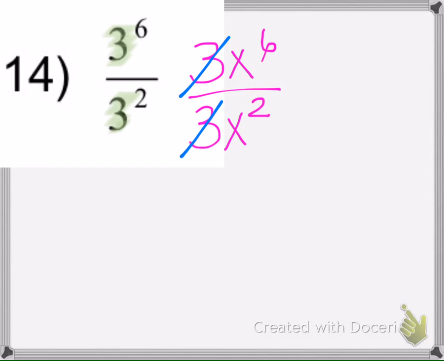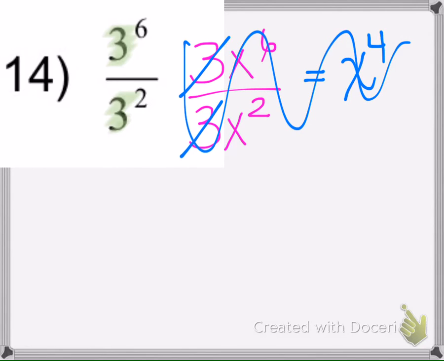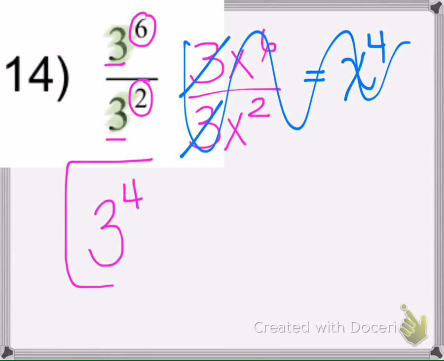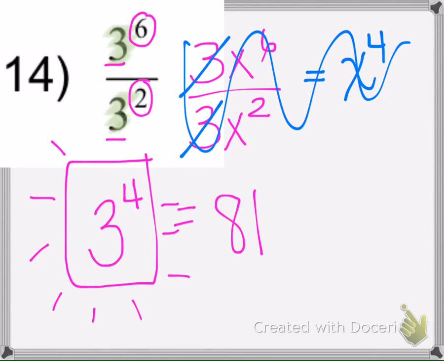Then you could do that. And then you would just subtract the exponents and get x to the 4th. But that's not what this problem is saying. So here we have the bases are the same, so we keep it the same, and then we subtract the exponents. So this would be our answer. It's the same thing as 81, but our goal right now is to write things using exponents.